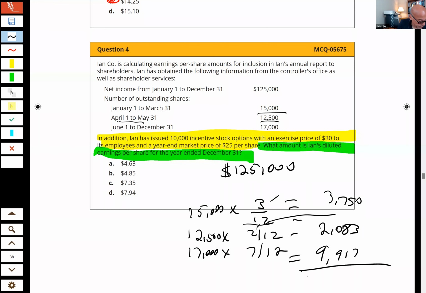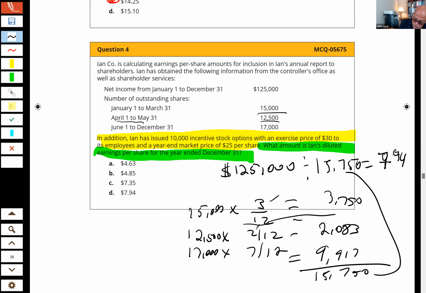You sum all that, the weighted average shares is 15,750. You take that 15,750 and divide it into the 125,000. And you get this 7.94, the correct answer. That's a 7.94.